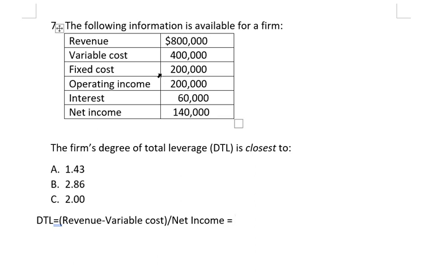From the question, we know the revenue is 800,000, variable cost is 400,000, and net income is 140,000. We put in all these numbers and get degree of total leverage of 2.86. The answer is B.